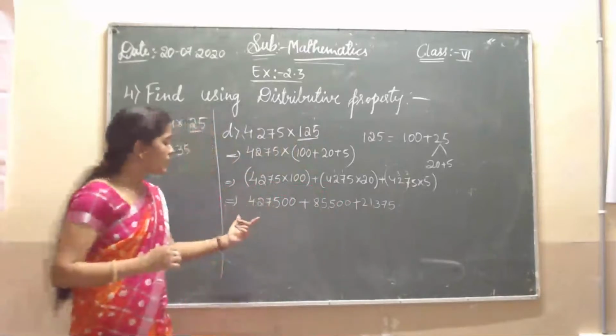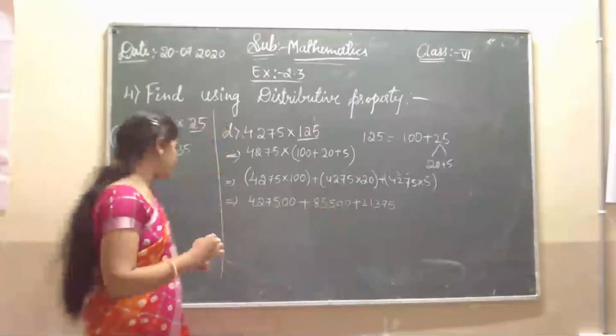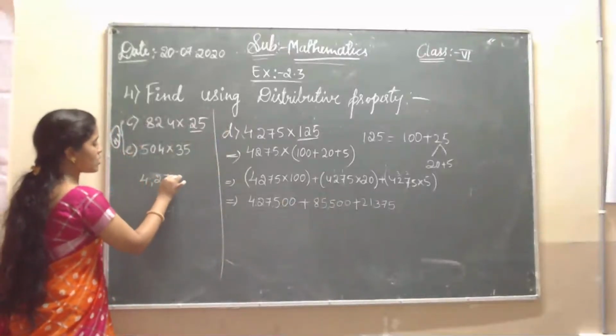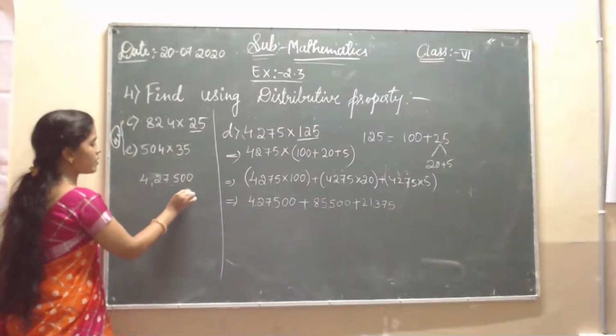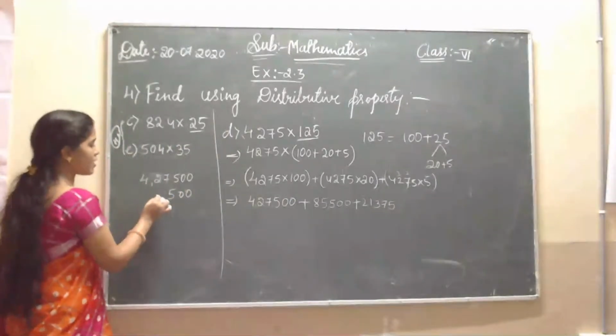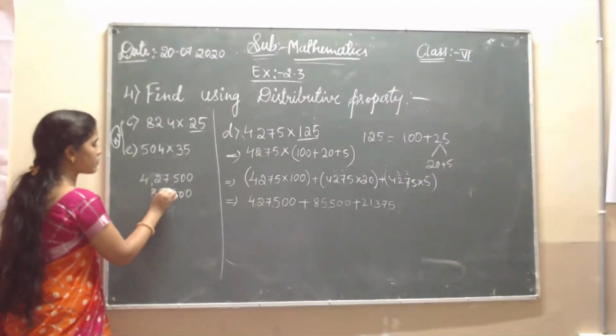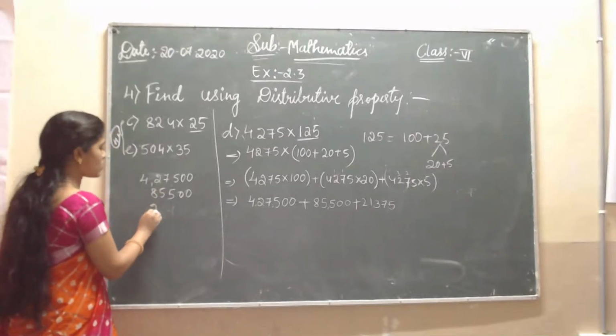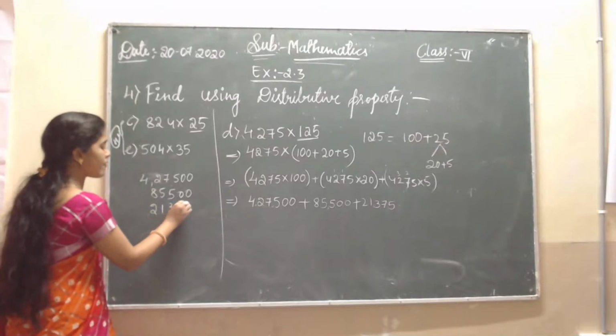Now add these three numbers: 4,27,500, 85,500, and 21,375.